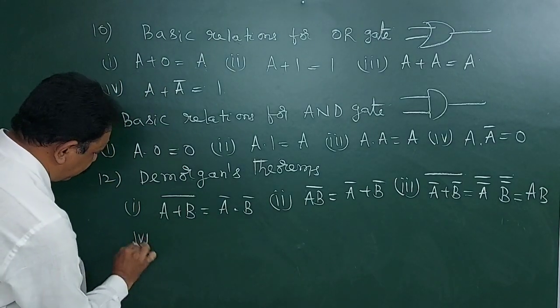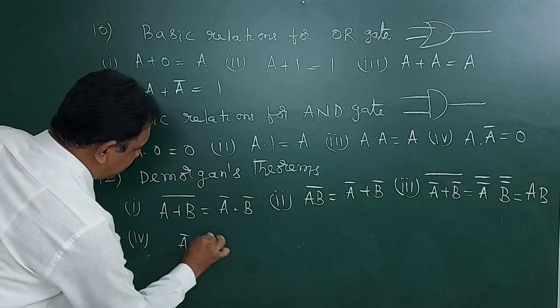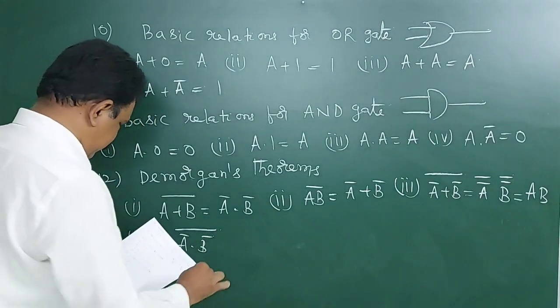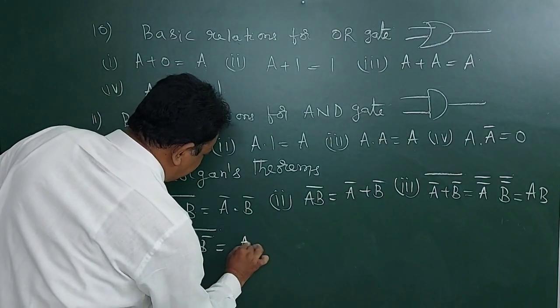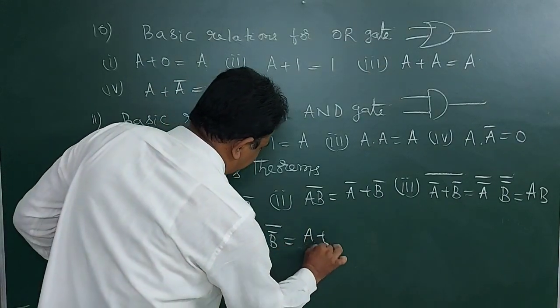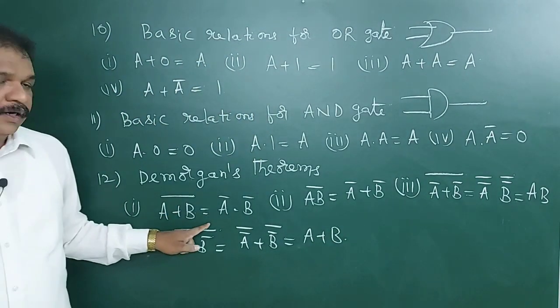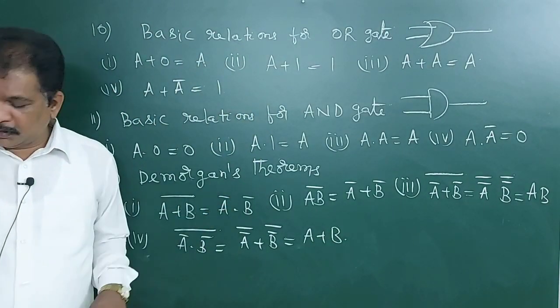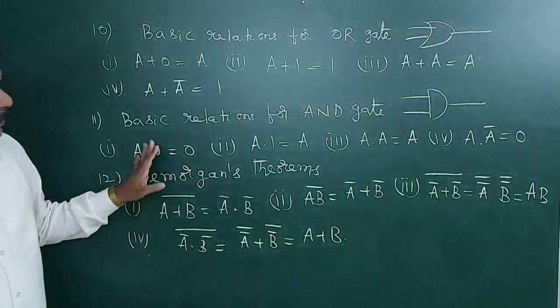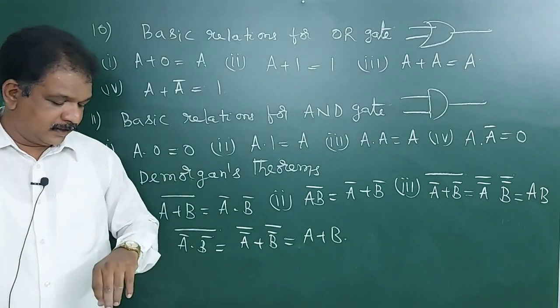Next, fourth one, A bar B bar whole bar is equal to A double bar plus B double bar, this is equal to A plus B. Remember these four relations, problems on these will be there. So with this synopsis, the formulae part is completed in this lesson.